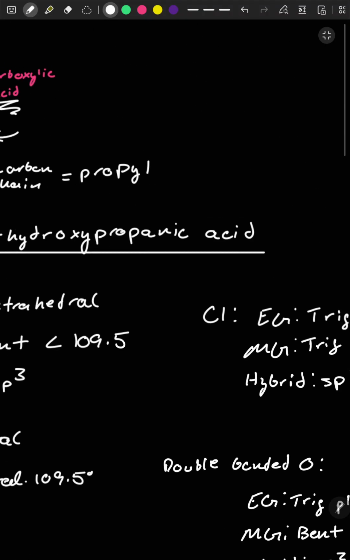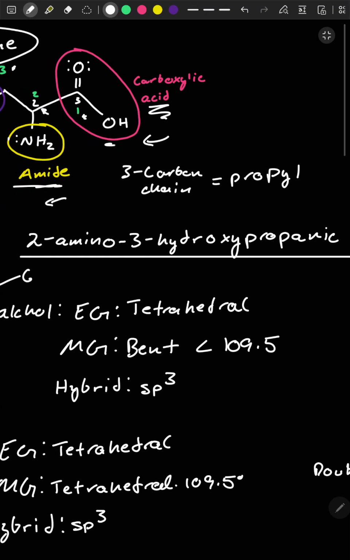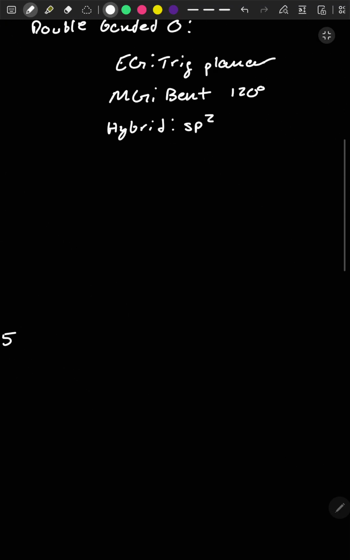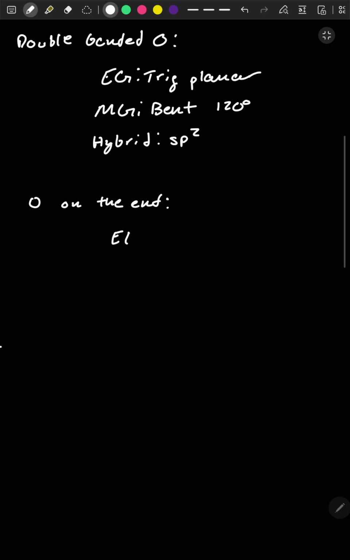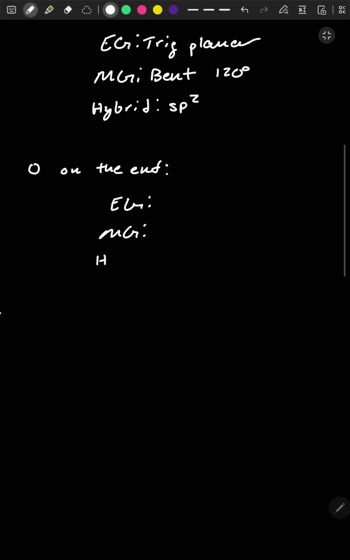So then our last atom is going to be the oxygen right here. So oxygen on the end. So our electron geometry, molecular geometry, and hybrid.